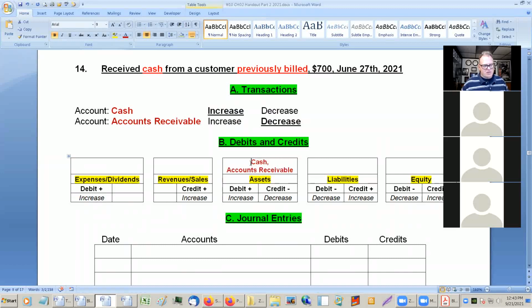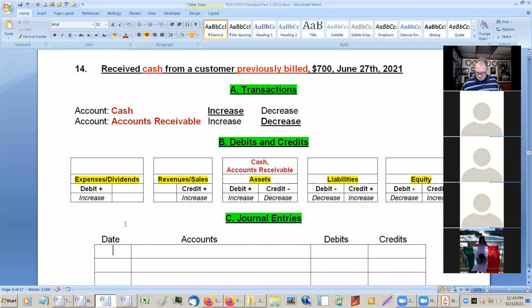One is increasing and one is decreasing. So the cash is increasing. Will cash be a debit or credit? Credit. Nope. Debit. Yeah.